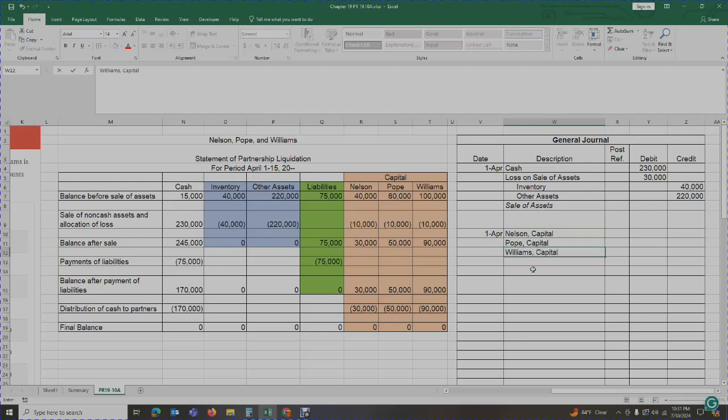Okay, my 3 capital accounts, and all of my 3 capital accounts got distributed a $10,000 loss. Okay, 10,000. So we're going to put that on the debit side for all 3, because each of them got 10,000. And I did a typo here. 10,000. Okay.